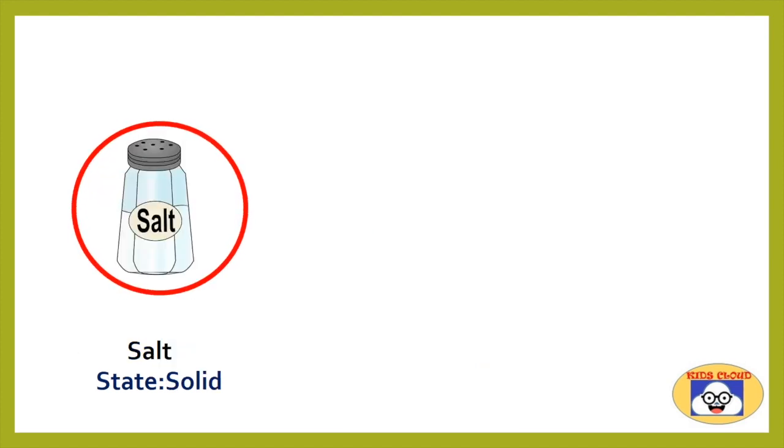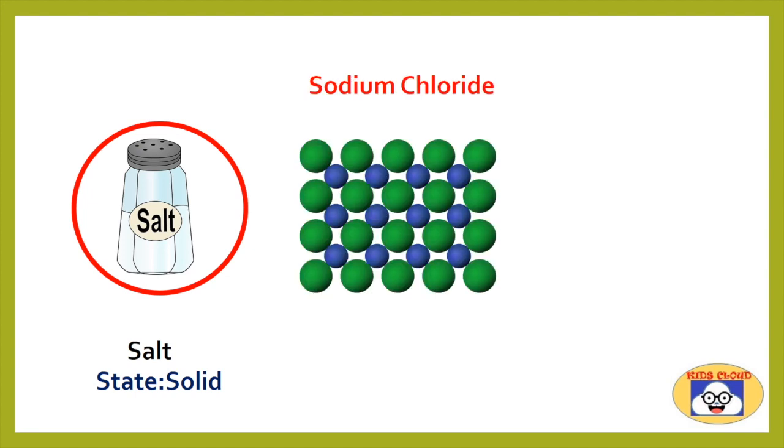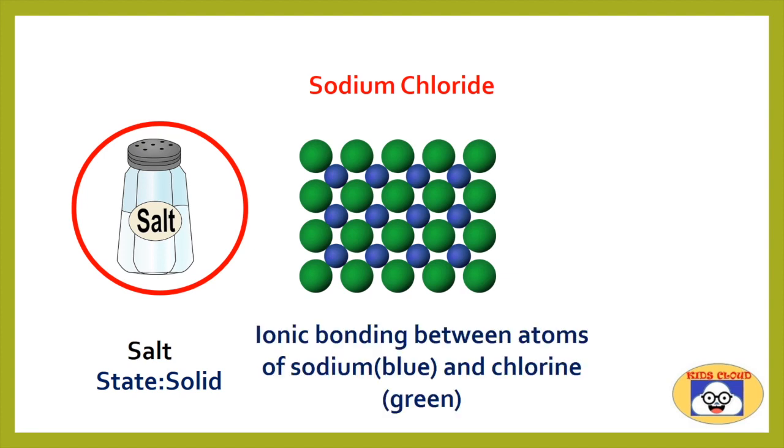The third state is solid. Here is one example of a solid state. We need salt for our everyday life. Do you know what it is made of? It is made up of sodium chloride. There is an ionic bonding between atoms of sodium and chlorine.